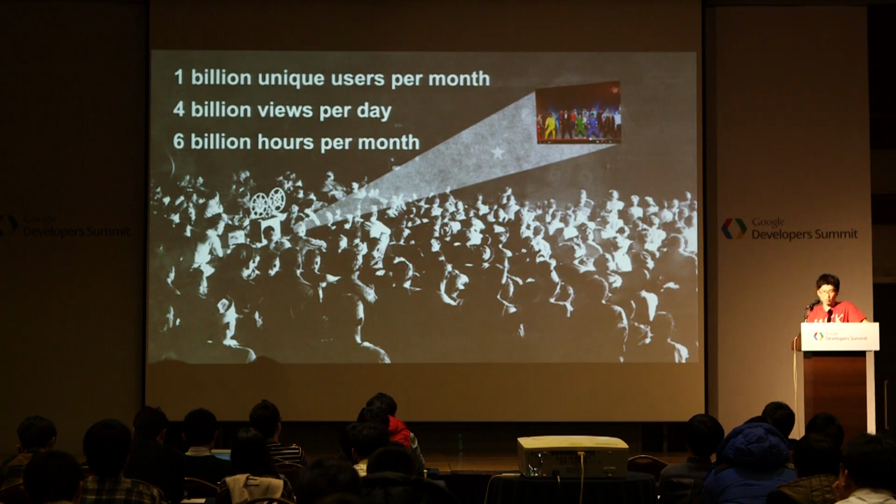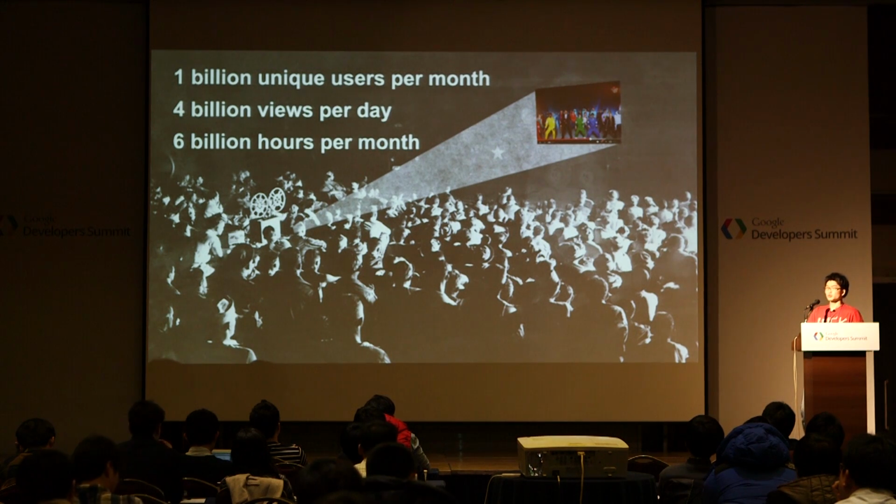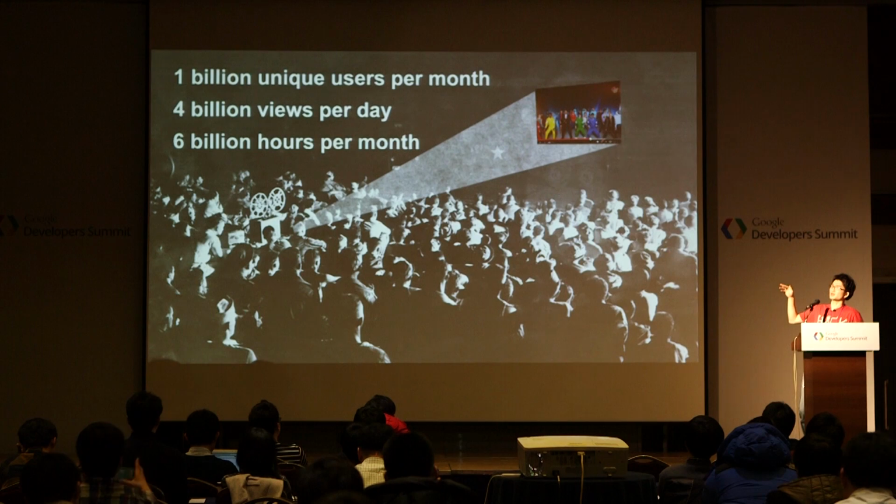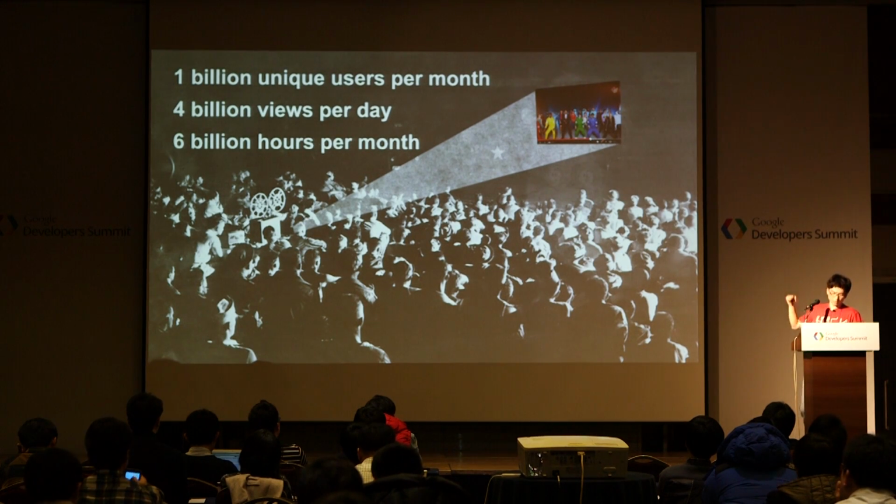That means more than 150 million unique users per day, and it is continuing to grow fast. This stat is maybe 1 year old, but the latest one may be more than this.